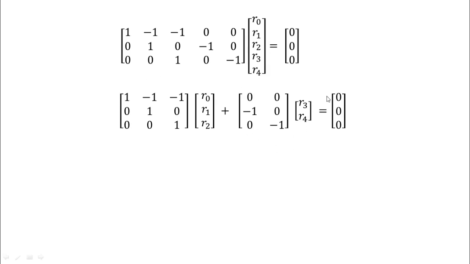That will essentially be the same as this. You can test it out. So minus 1, minus 1, minus 1, 0, 1, 0, 0, 0, 1 corresponds to R0, R1, R2, so we have written that separately. And 0, 0, minus 1, 0, 0, 1 corresponds to R3 and R4, and so we have written them separately, equal to 0, 0, 0.